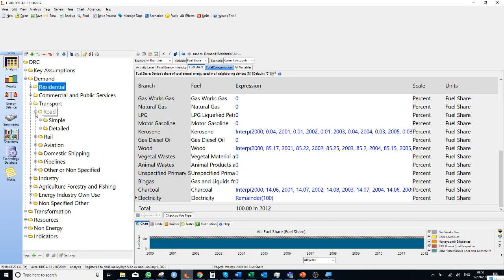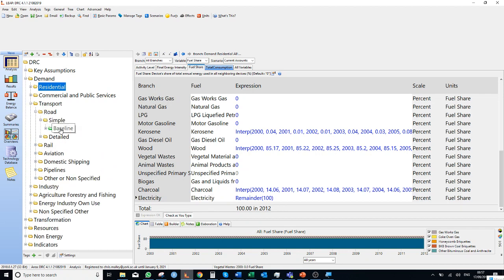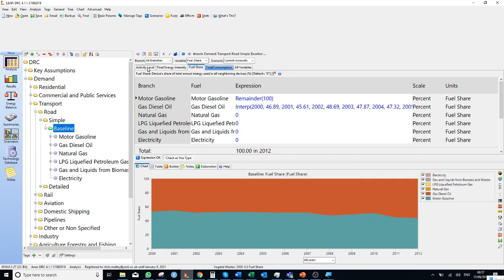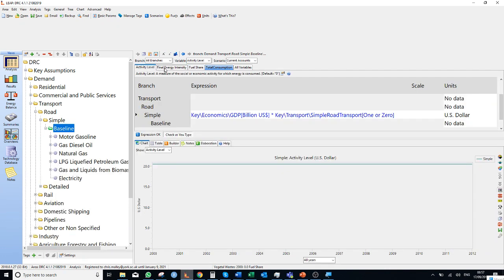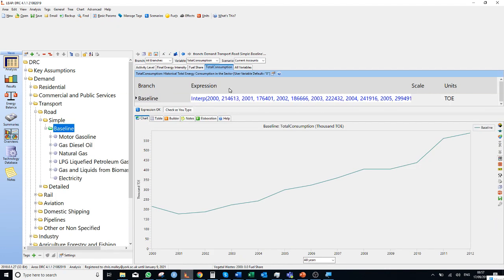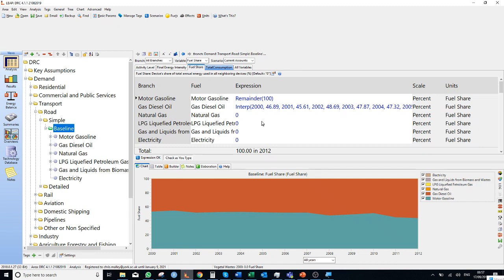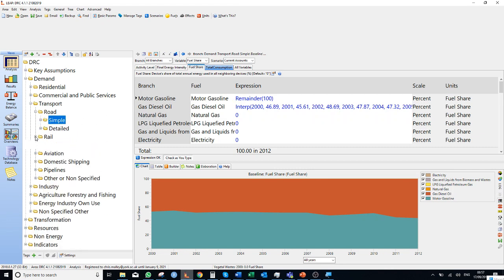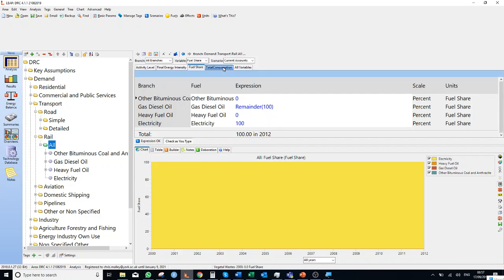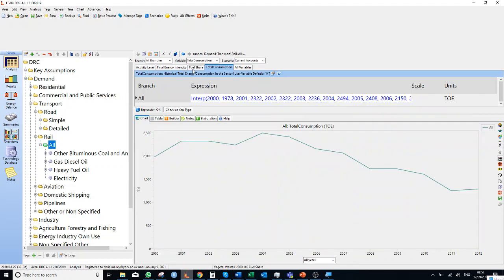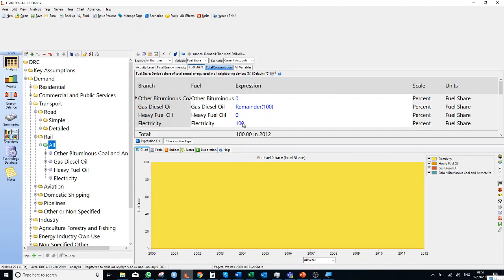So if I look into LEAP, I've got my road transport, and here I've got my total consumption, and then my fuel share for gasoline, the rest, fuel share for diesel, the rest is gasoline. Rail, total consumption entered here, fuel share is electricity.